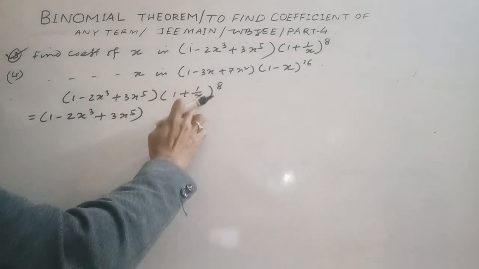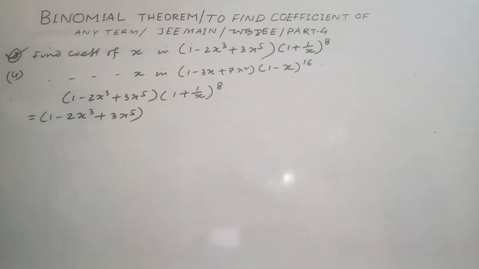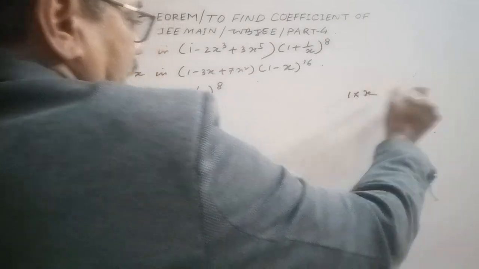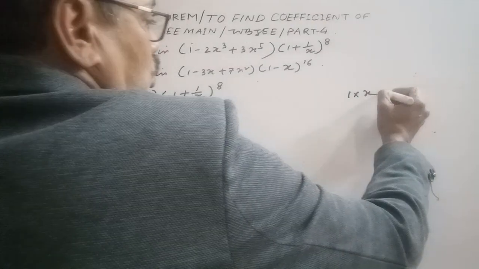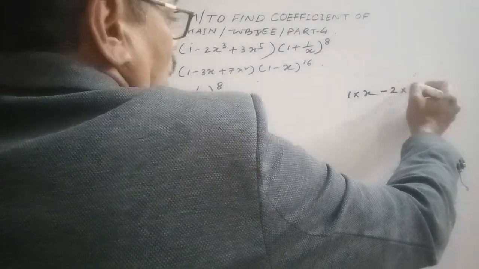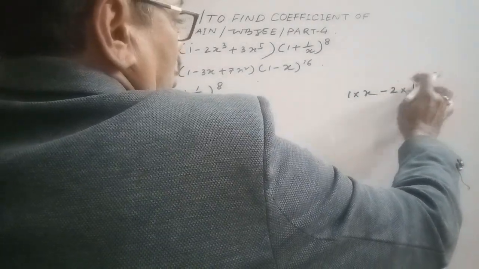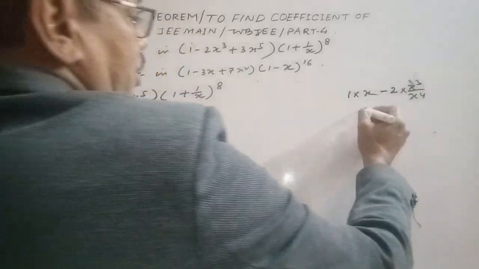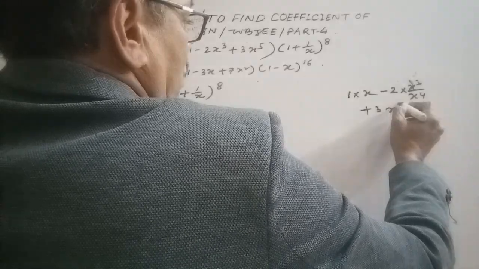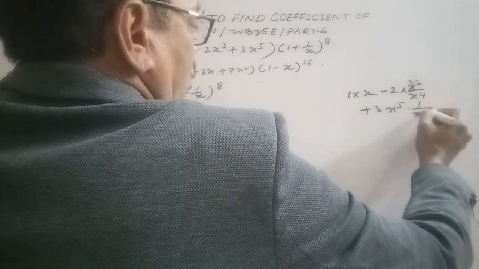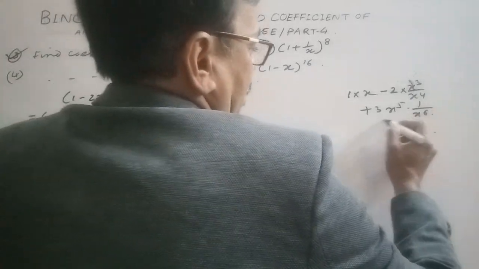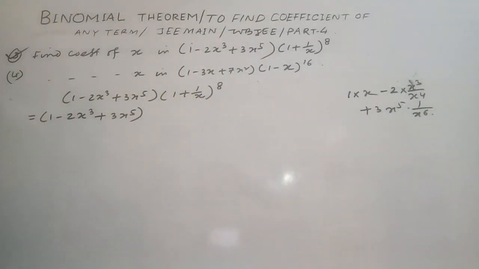Since it is 1 by x, x will be obtained if we multiply 1 by x, 2x cube by 1 by x to the power 4, and this is 3x to the power 5, 1 by x to the power 6. So, we need these terms.